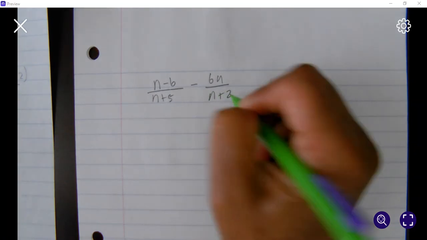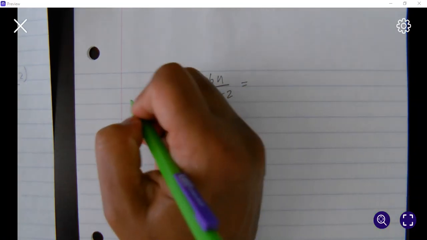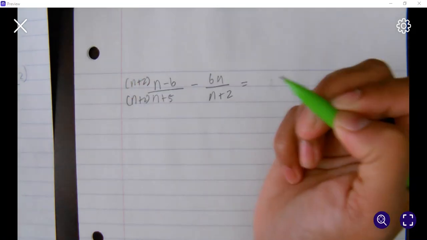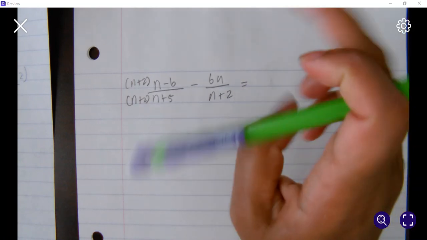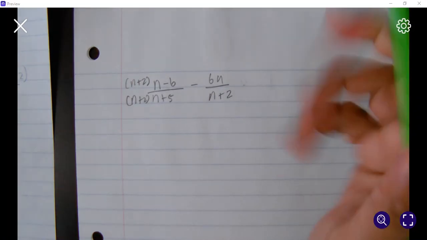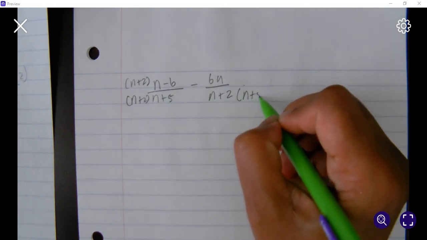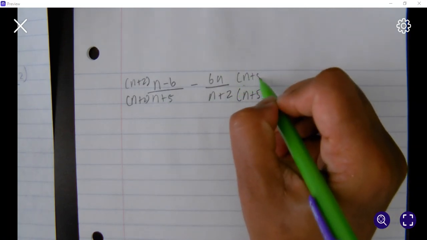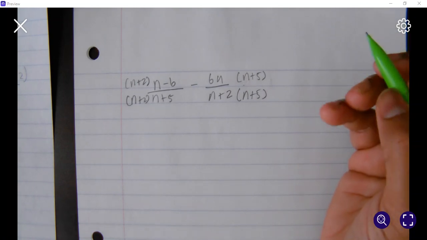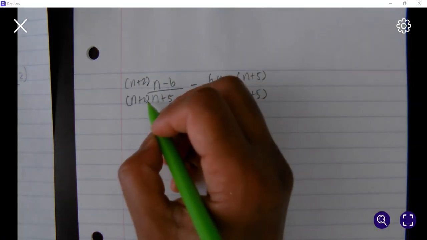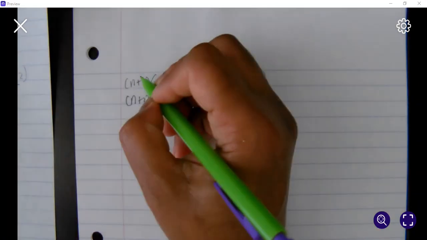I'm going to get a common denominator. I'm going to multiply this side by n plus 2, numerator and denominator. And on this side, I'm going to do the same thing with this denominator, n plus 5. And then here, I'm going to do my FOIL.